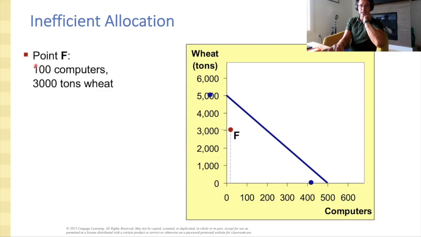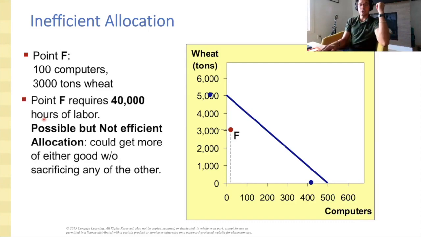So we are basically underproducing the number of computers. Or we could get 100 computers and then eventually 4,000 tons of wheat instead of 3,000. So this is an inefficient allocation. This allocation is not efficient because we could get more out of our scarce resources without sacrificing anything.